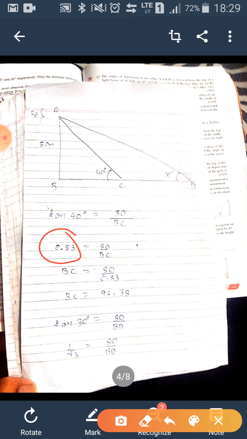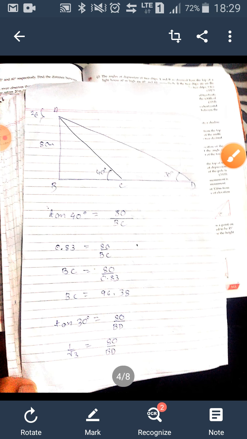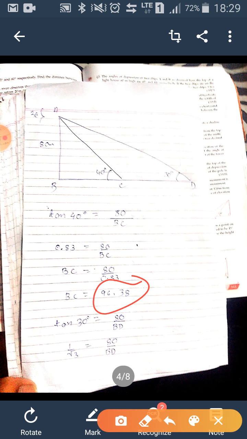So 0.83 is equal to 80 by BC. Now I cross multiply and get that BC is equal to 80 by 0.83, and then after that if I calculate, I get that BC is 96.38, means this portion is 96.38. Now I look at the second triangle, which is this one.